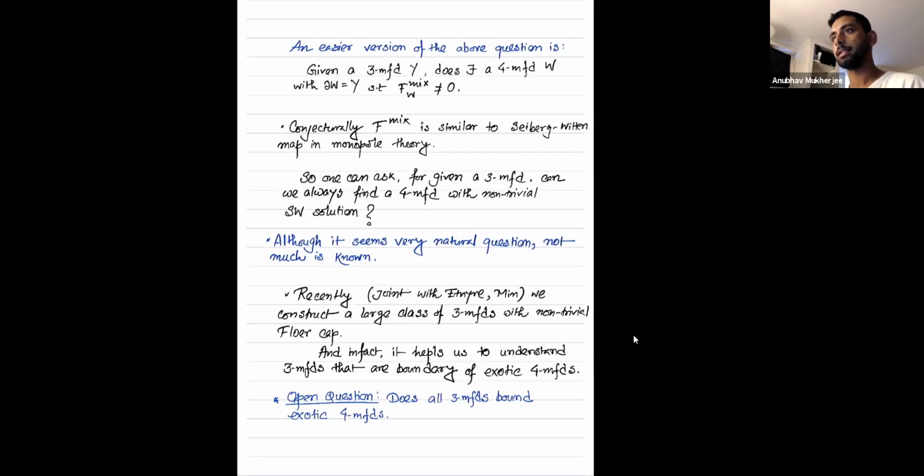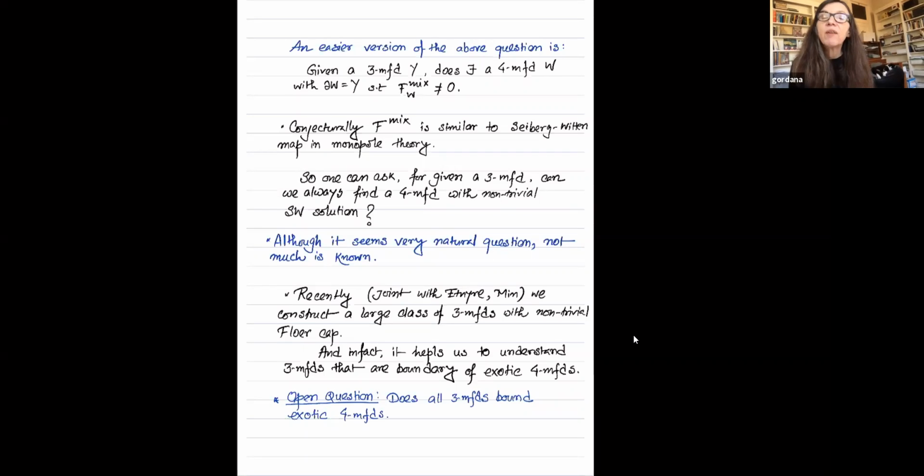In particular, we have actually proved that if you give me a three-manifold Y with either orientation, if Y or minus Y has a non-trivial contact invariant, then we can produce a four-manifold W with boundary Y, such that W has infinitely many distinct smooth structures that we can prove.